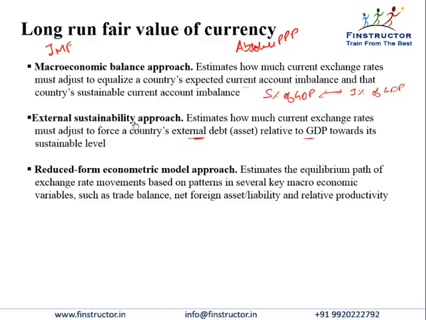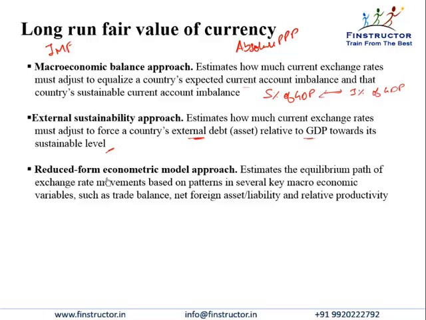So the external sustainability approach says how much should the currency appreciate or depreciate. If the currency appreciates, the GDP in dollar terms will go up. If the currency depreciates, the GDP in dollar terms will go down. So what is that exchange rate at which the external debt to GDP will come towards its sustainable level?